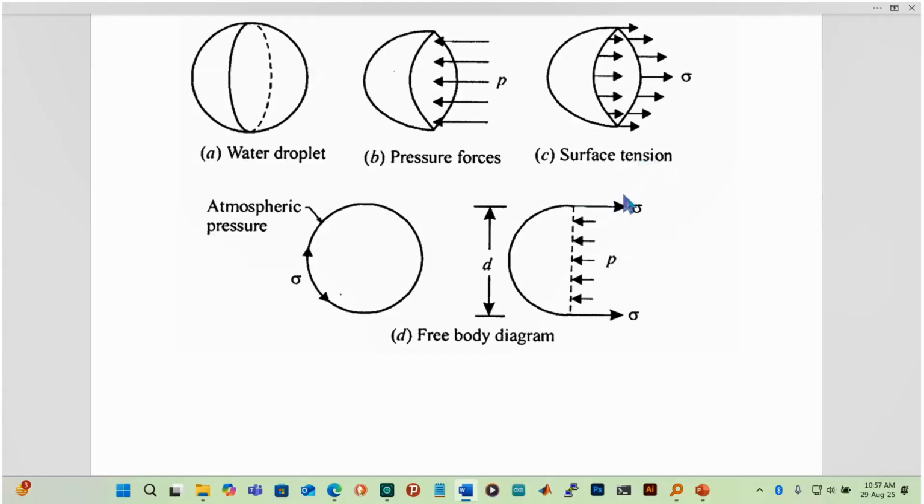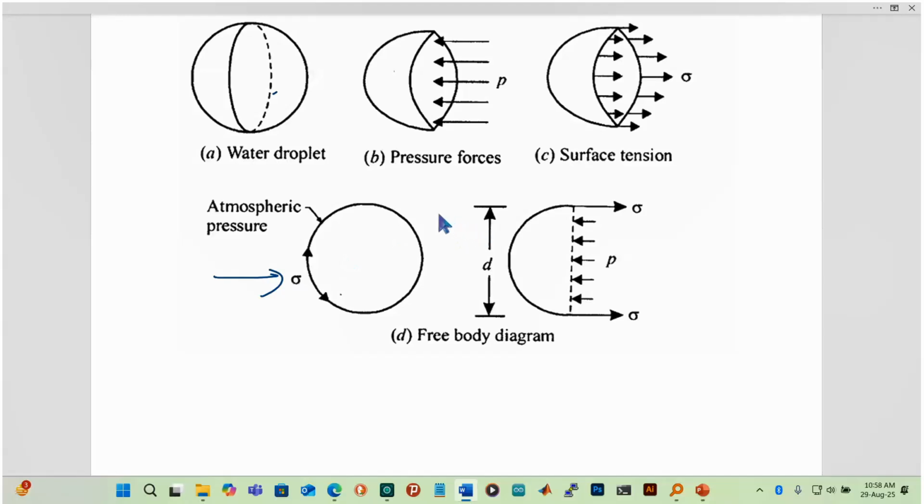Likewise, the way you're stretching that skin is the same way surface tension works to stretch the surface of this droplet. So when we do the cross-sectional area and observe it critically, we realize this is how the surface tension is going to be working, and the atmospheric pressure is also going to be working against it.